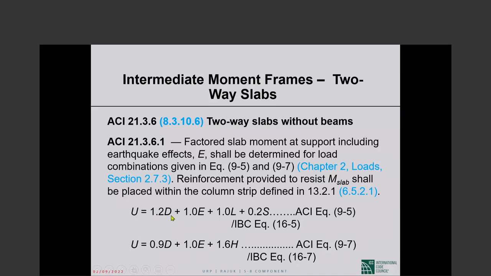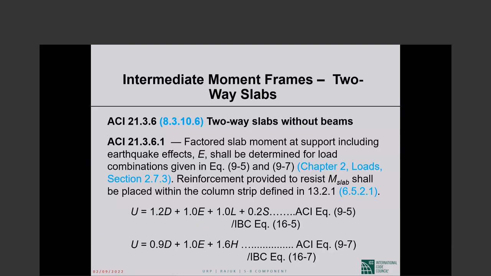at every critical section, you will design for the combined bending moment coming from the gravity loads and the earthquake effects. If the slab system is designed for gravity only, the earthquake effects are obviously not in the picture.